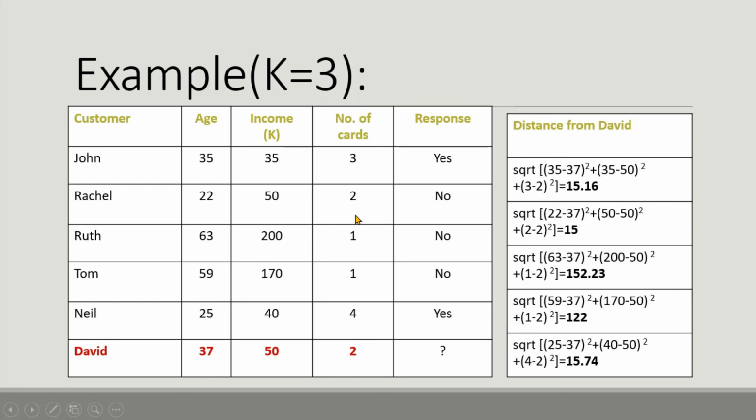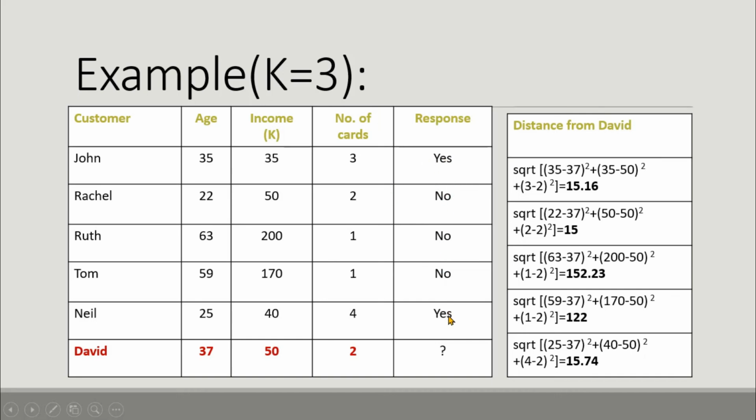So considering that, the response for 15.16 is yes, for 15 the response is no, and for 15.74 the response is yes.